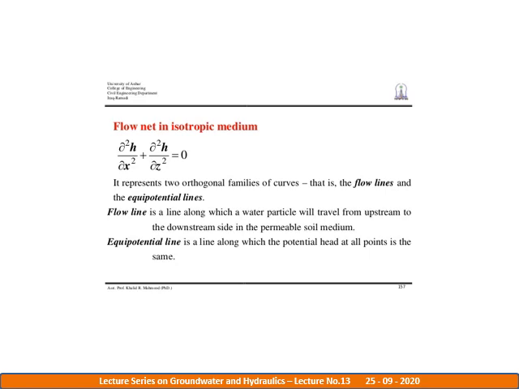That can be written as small k equals to QL by AH, where k is the coefficient of permeability in centimeter per second, Q is discharge in centimeter cube per second, L is length of the specimen in centimeter, A is cross-sectional area of the specimen in centimeter squared, and H is constant head causing flow in centimeter.